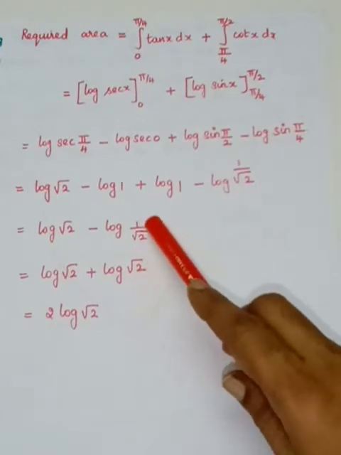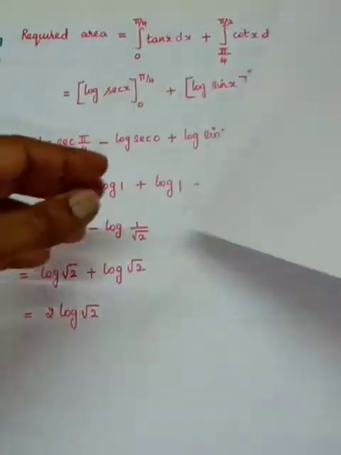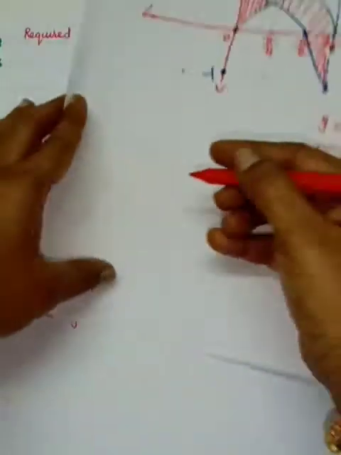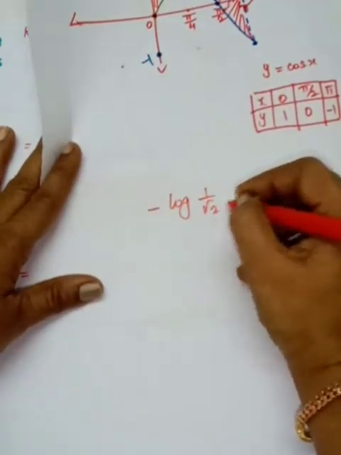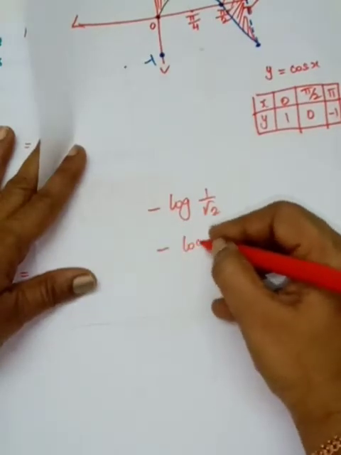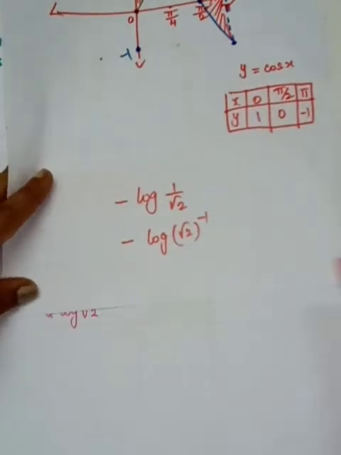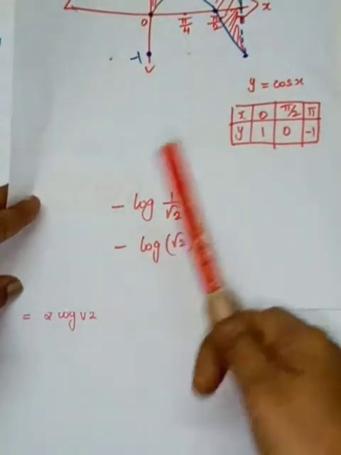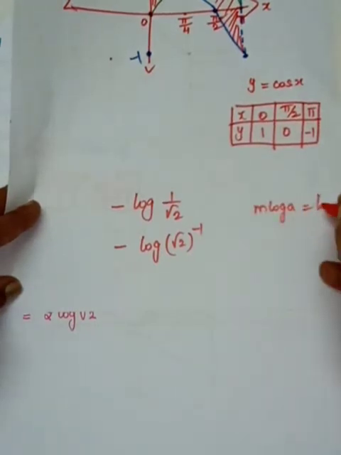So now this 1 by root 2 can be written as follows. Here you will have minus log 1 by root 2. So it is minus log of root 2 the whole power minus 1. According to the logarithmic function, this minus 1 will come to the front because m log a is equal to log a power m.